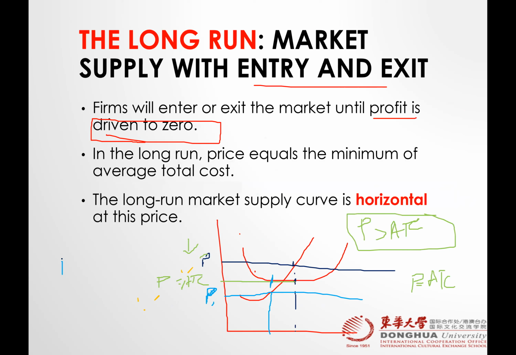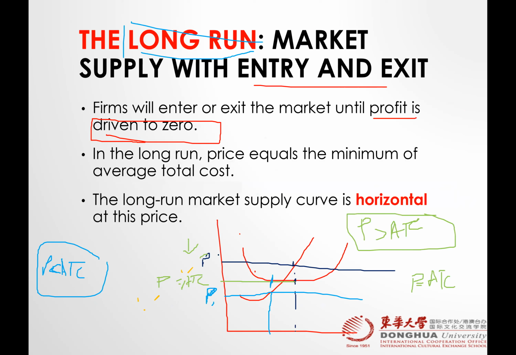So average price less than, sorry about my drawing here, average total cost. So that is the exit condition because we are talking about long run, right? Long run. So in the long run, if price is less than average total cost, this triggers the exit condition.